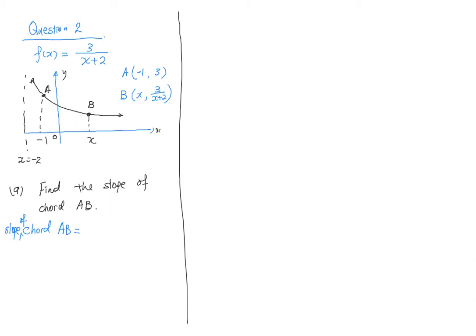So you want to find the slope of the chord. Everyone should know how to find, correct? So it will be y1 minus y2. You see, my y2, I purposely do it like a fraction, over x1 minus x2. Am I right?